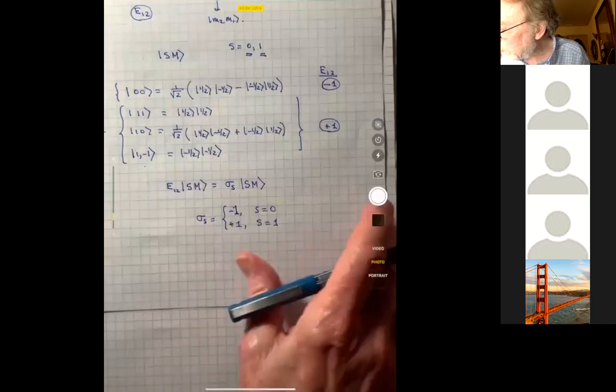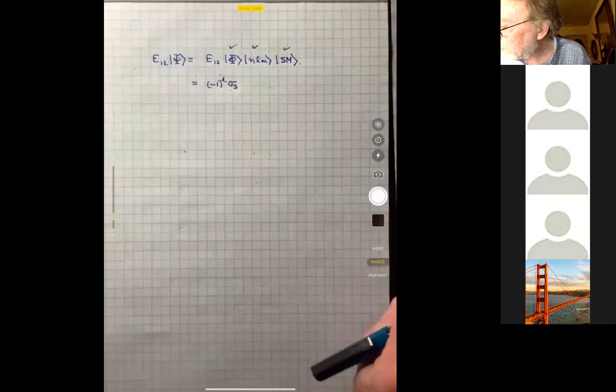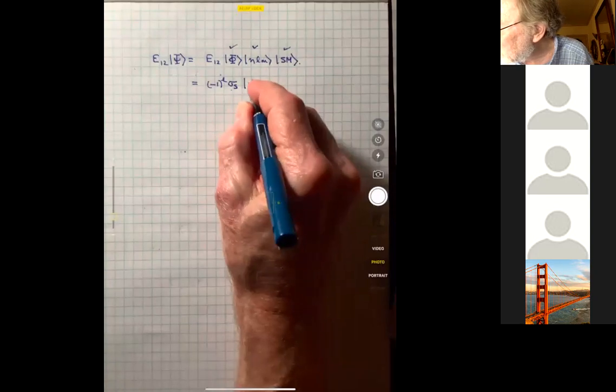It's +1 or -1, depending on the value of the spin. And this is then multiplying onto psi.